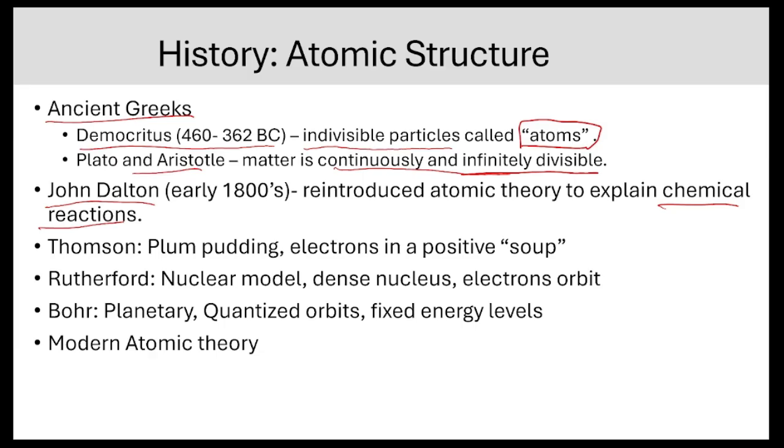After the discovery of electrons, we got the plum pudding model of the atom proposed by J.J. Thomson. Then Ernest Rutherford introduced the concept of an atom with a dense nucleus and electrons orbiting around it.